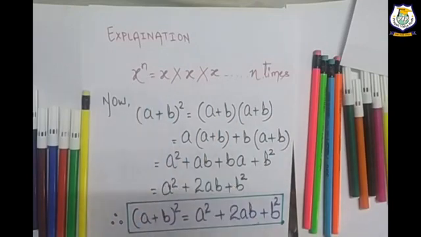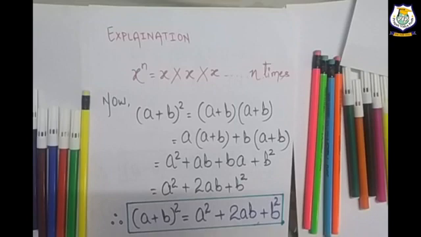Suppose we have the number 3 square. 3 square means 3 into 3, that is 3 multiplied by itself 2 times, and the answer is 9. We already know such kind of things, but before explaining the identities, you must know this. With the help of this principle, we can deduce any identity which we want.